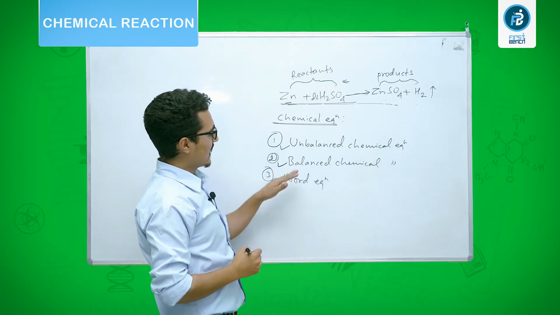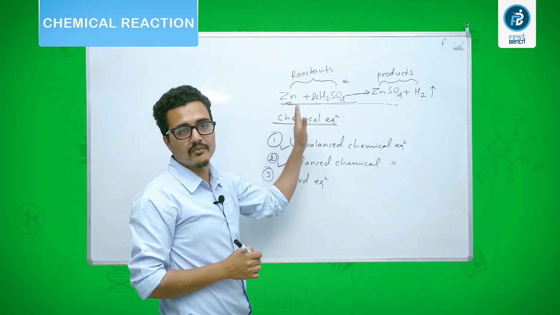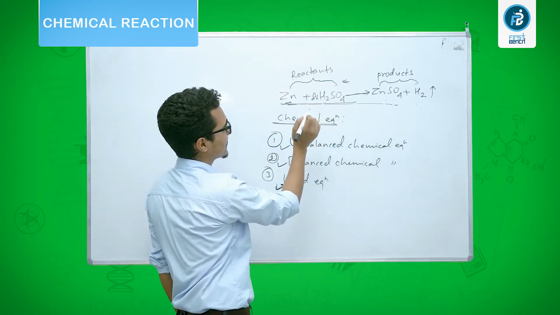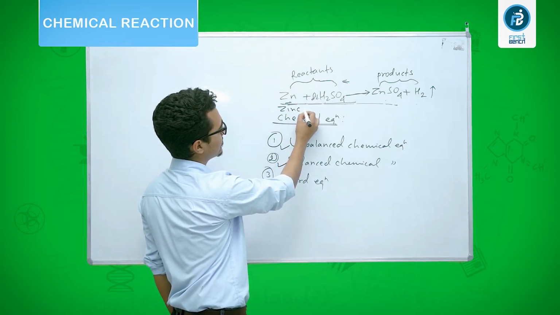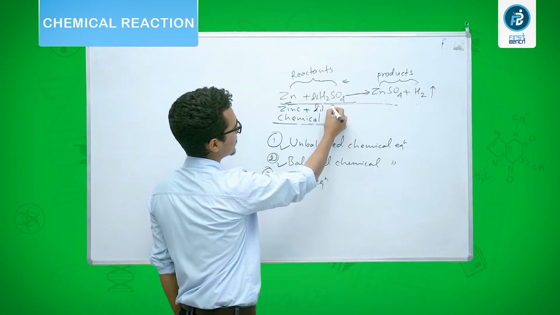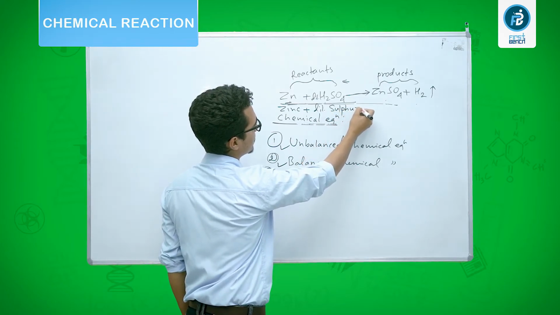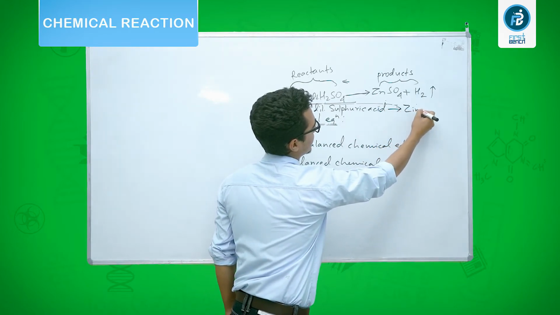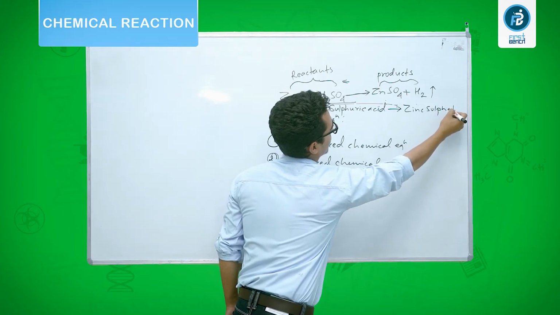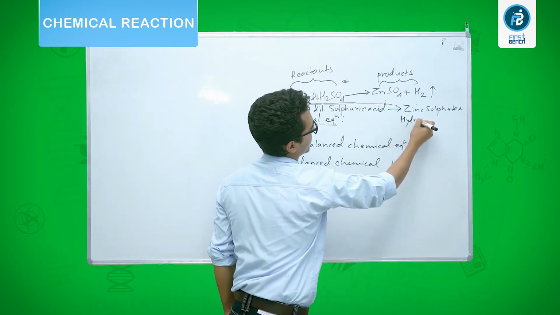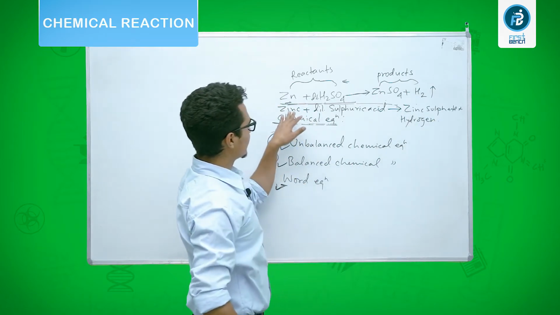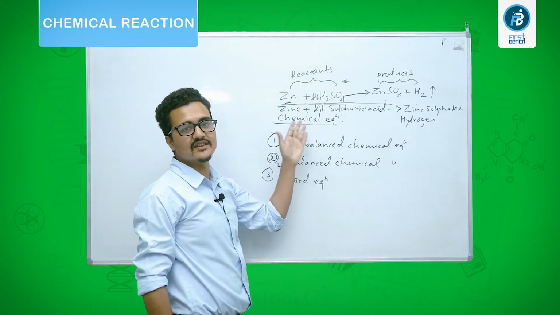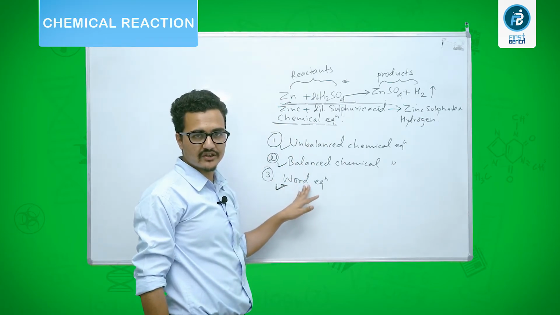A word equation is written in the form of words. Like zinc plus dilute sulfuric acid gives zinc sulfate plus hydrogen. Did you see here? Zinc plus sulfuric acid gives zinc sulfate plus hydrogen. It's very long. It's written in the form of words, so it is a word equation.